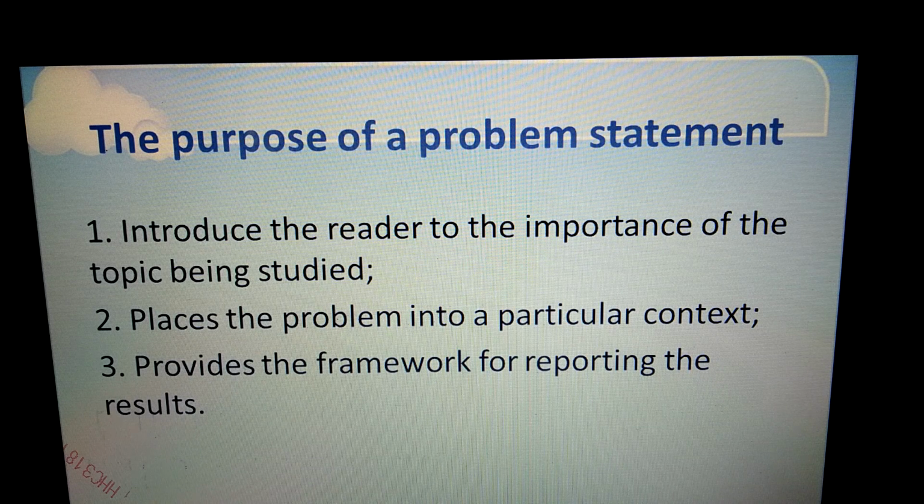Second, it places the problem into a particular context, and it can define the parameters of what is to be investigated. The last is it provides the framework for reporting the results, indicates what is probably necessary to study, and explains how the findings will present this information.